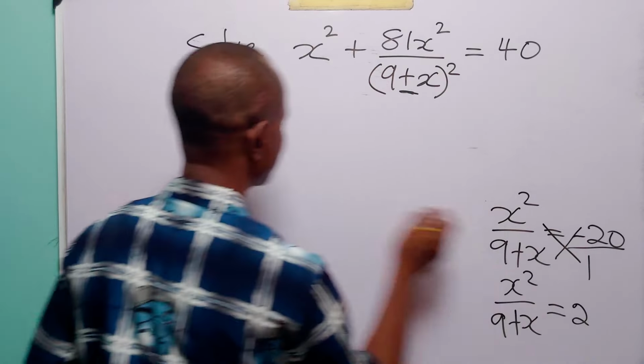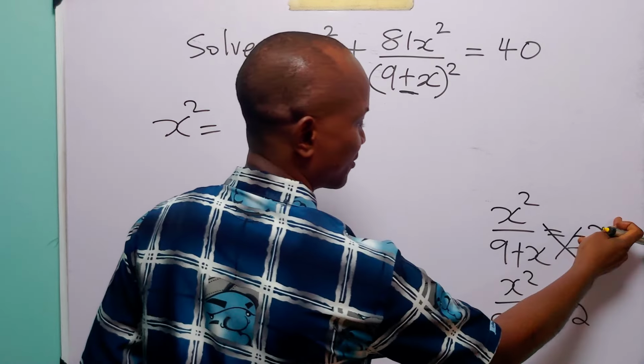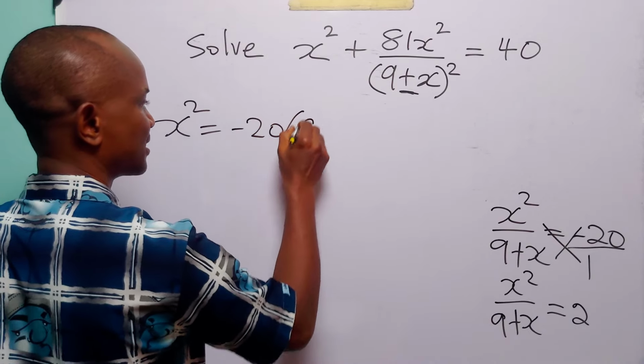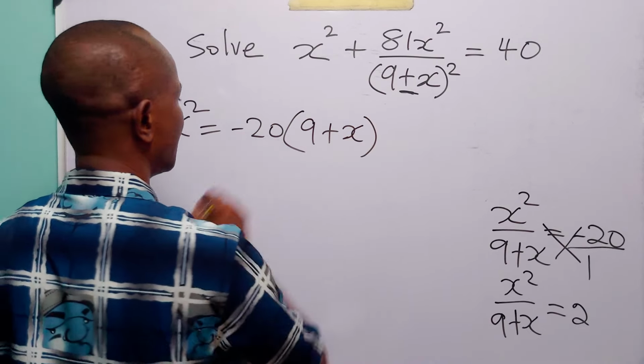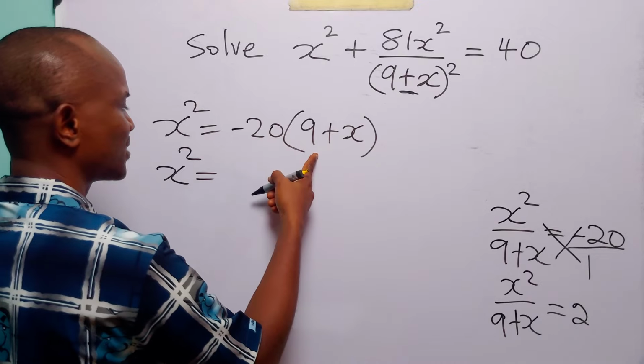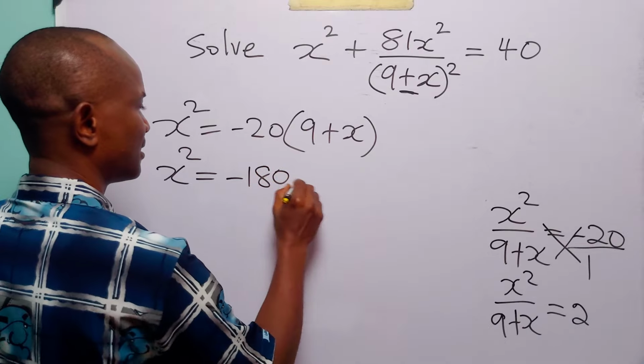We have that x squared is equal to minus 20 times this. That is minus 20 times 9 plus x. We have x squared is equal to minus 20 times 9 is minus 180.